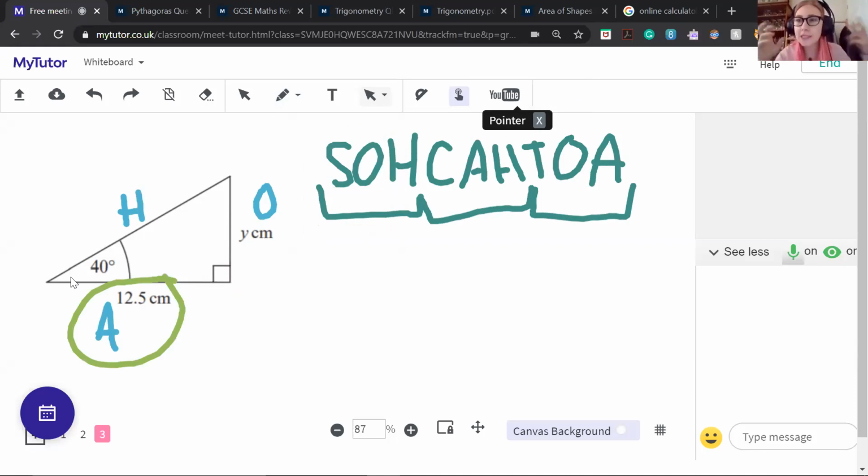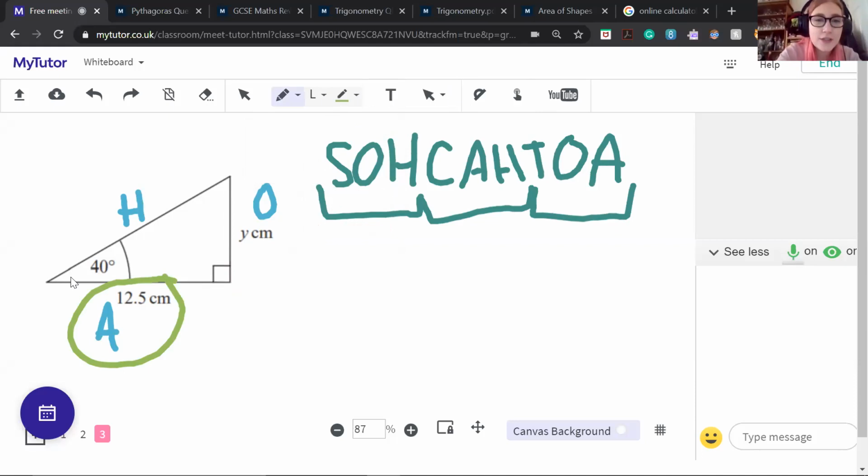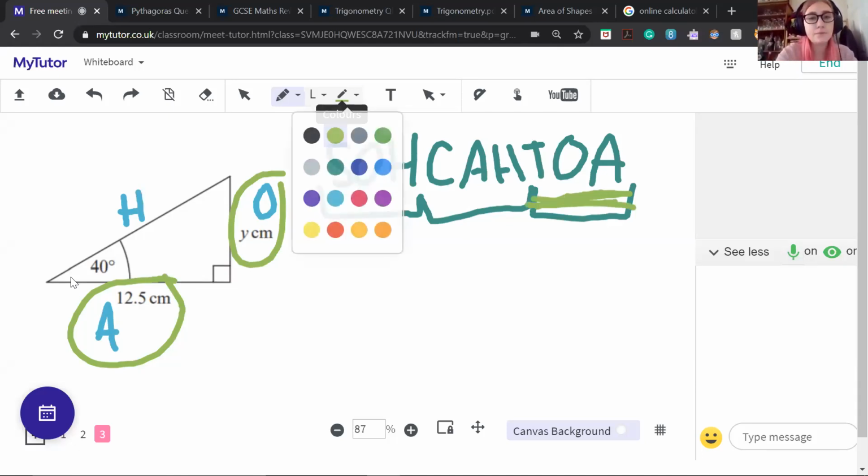So we kind of know it's Y, if that makes sense. So this counts as the one that we're looking at. So even though it's not that we 100% know, it's the thing that we're looking at. So that's what it counts as. So in this case, now we have O and A. So we see where they appear, and therefore we know that we're going to be using tan, because that's the triple that it's appeared in.